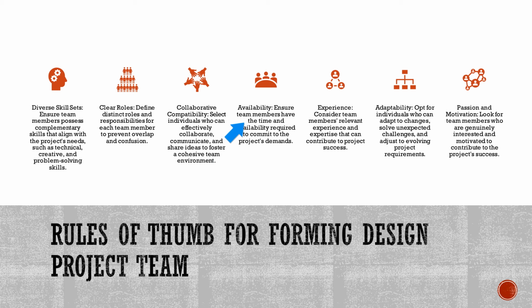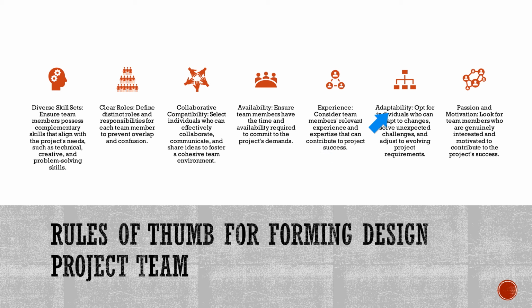Fourth is availability, which is to ensure that team members have the time and resources to commit to the project demands. The fifth is experience, which means the team members should have relevant experience and expertise that can make the project progress.